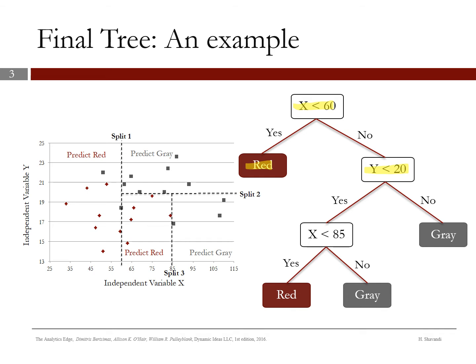If y is less than 20, if no, we predict gray. If yes, we have another split over variable x. If x is less than 85, if the answer is yes, then we predict red. Otherwise, we predict gray.